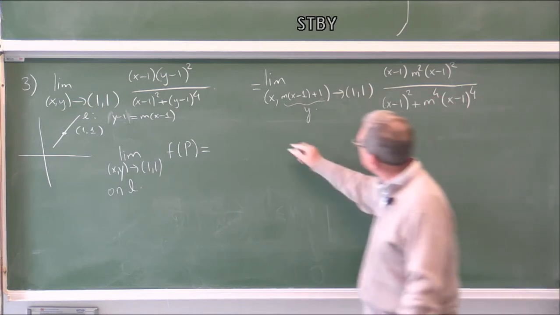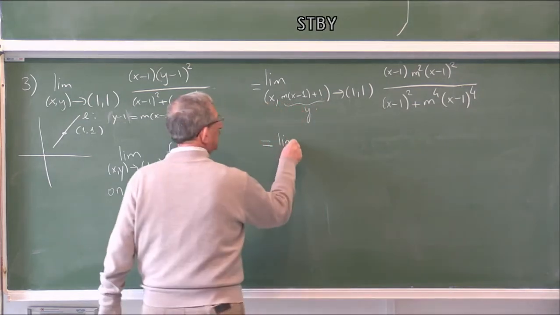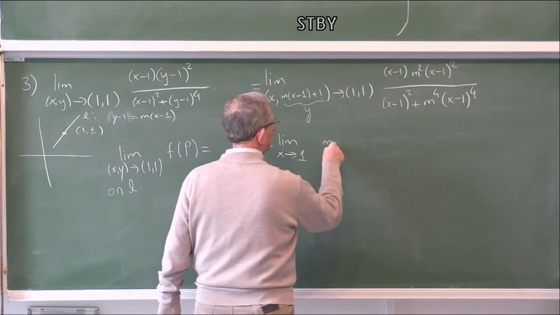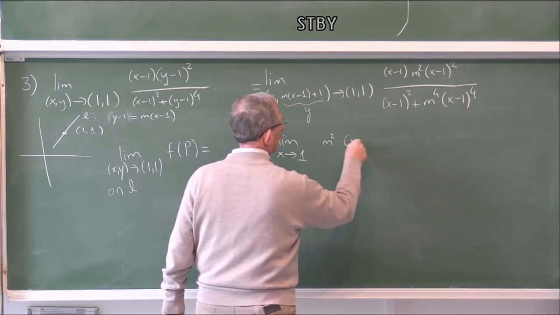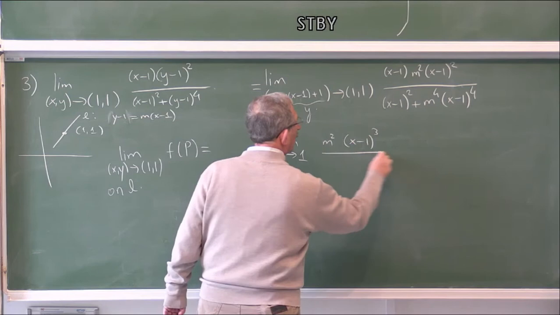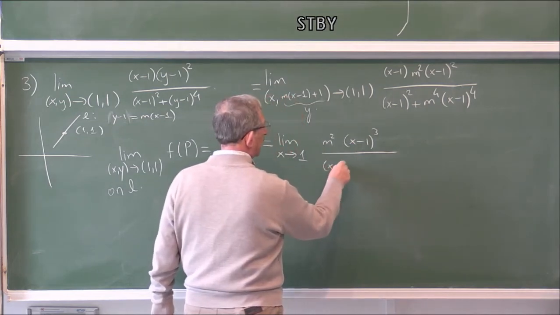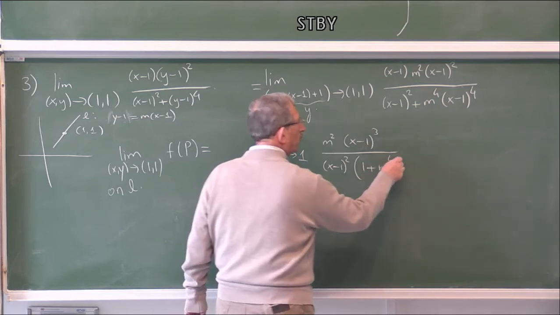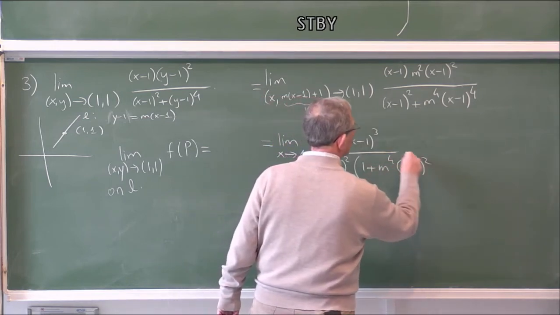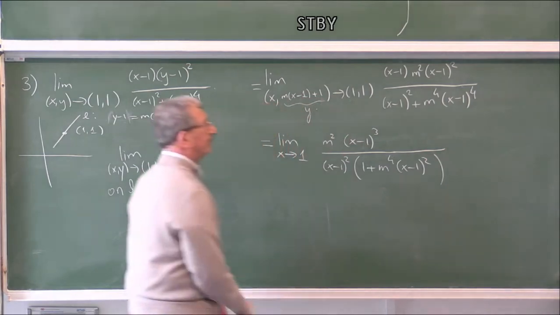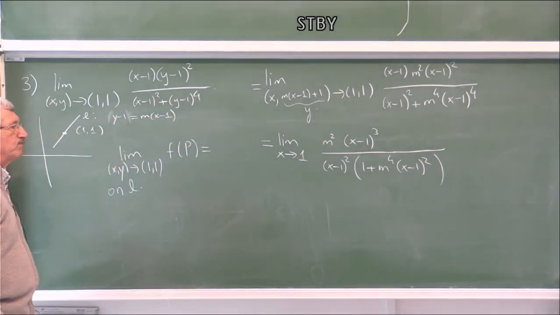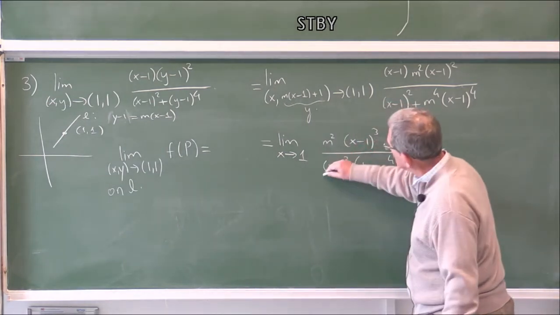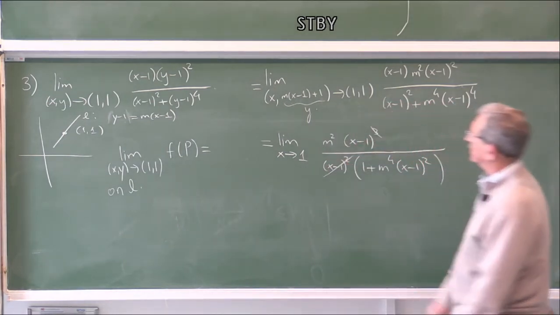So I can write this very simply as the limit as x goes to 1 of m squared (x minus 1) cubed over (x minus 1) squared times (1 plus m to the fourth (x minus 1) squared). Manipulating a little bit, of course, these cancel.